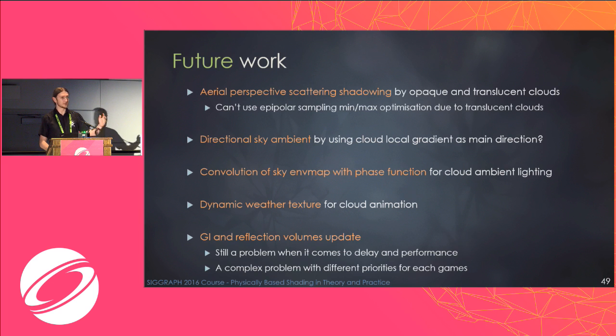You could also pre-integrate the sky according to the current phase function in order to get better ambient into the clouds. The dynamic weather we use right now, same as Schneider, we would like to make even more dynamic. This is a bit simple today. And there's still a huge area of research, which is how we efficiently update all the reflection volumes we have in the world.